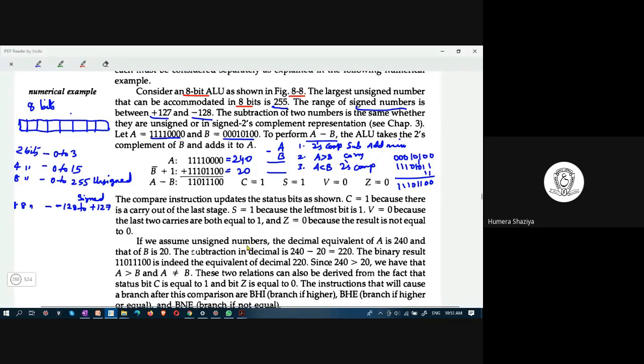When you perform addition, 1 1 1 1 0 0 0 0 plus 1 1 1 0 1 1 0 0. There is 1 carry. So the carry is 1.